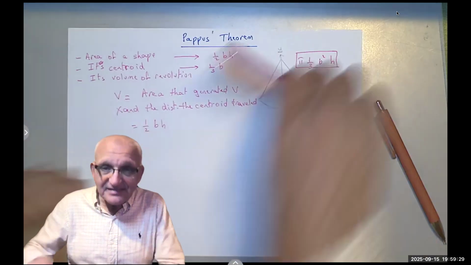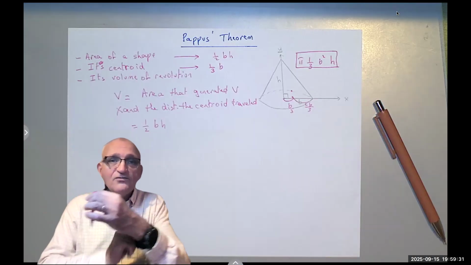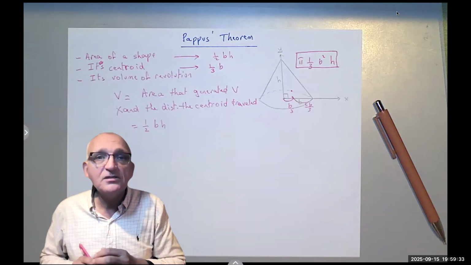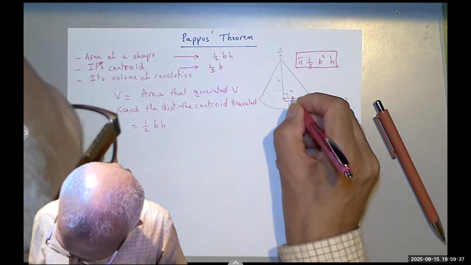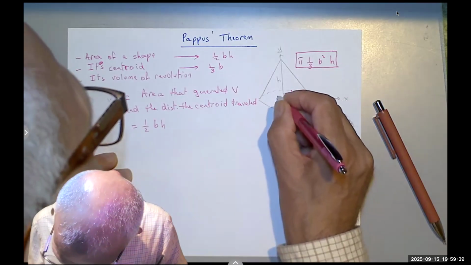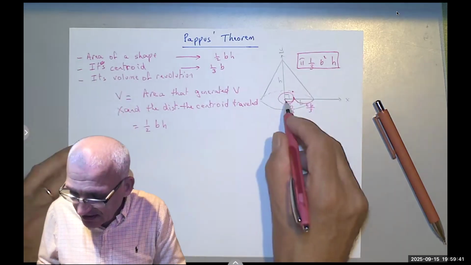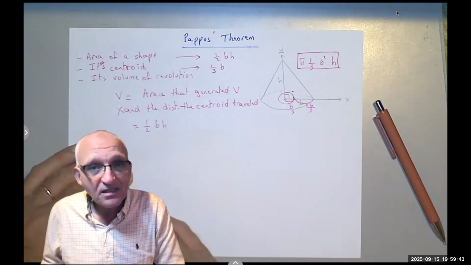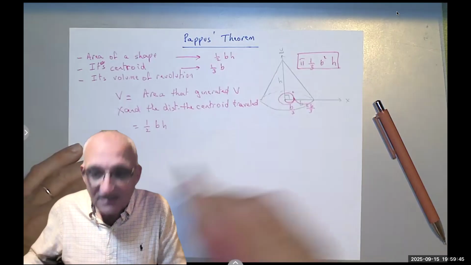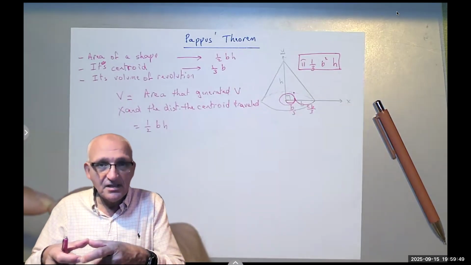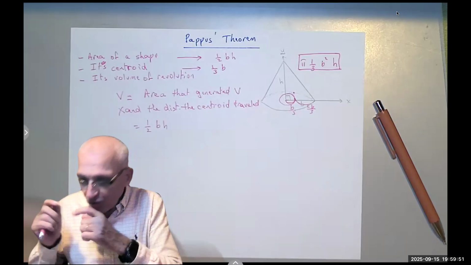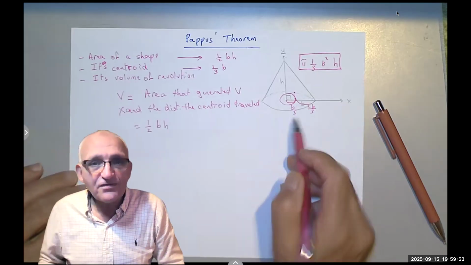So when I rotated this triangle 1 full turn about the y-axis, the centroid traced a circle whose radius is b over 3, correct? And the distance traveled is the perimeter of a circle whose radius is b over 3.